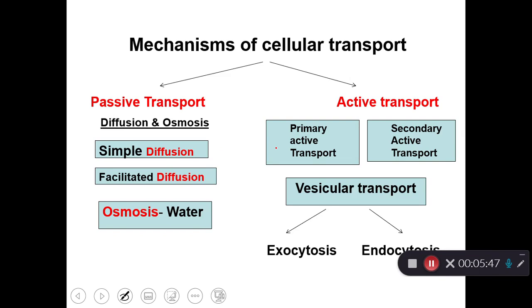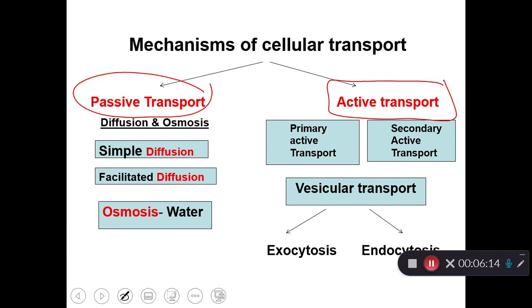We have two primary types of transport through the cell membrane: passive transport and active transport. What is the difference? In passive transport, no energy is needed. So it happens in a passive way without the need of any energy.